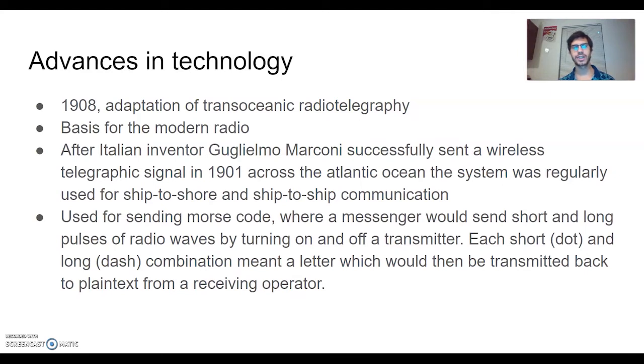And after this, it was used for ship-to-shore and ship-to-ship communication. The way in which they communicated was Morse code, which is, of course, dots and dashes, and each individual letter required separate numbers of dots and dashes.